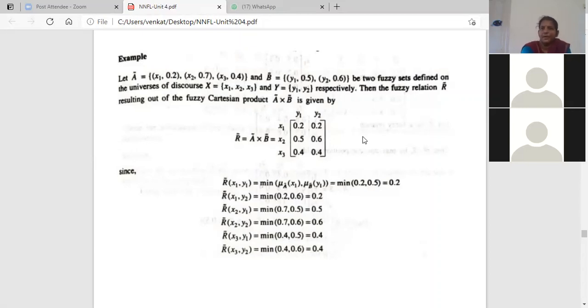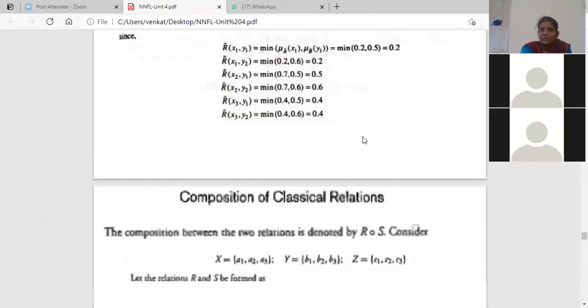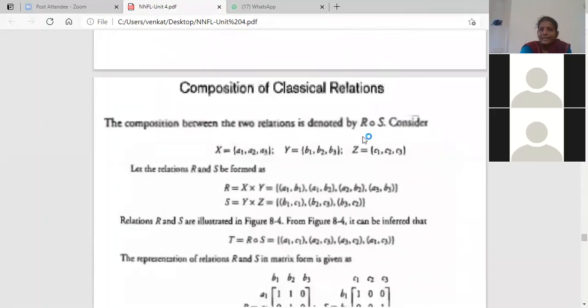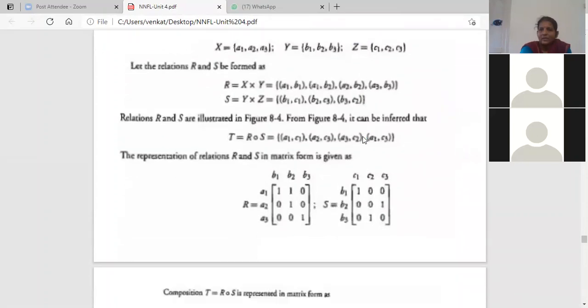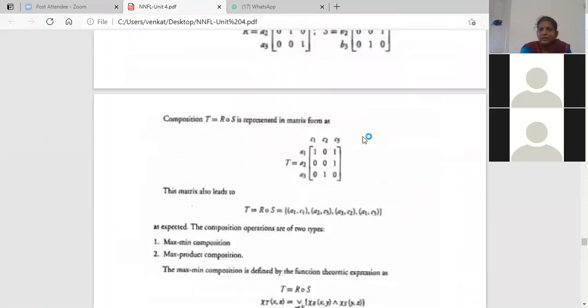Hope you have noted down, and you need to calculate the fuzzy relation using Cartesian product. In our last class we have learned Cartesian product and composition of two relations. Okay. Next, composition of classical relations. This thing also we have learned.